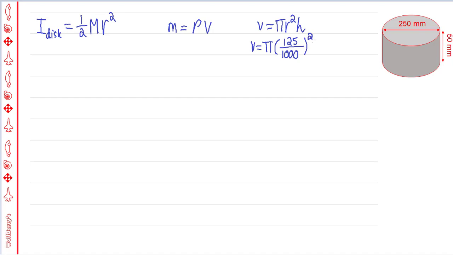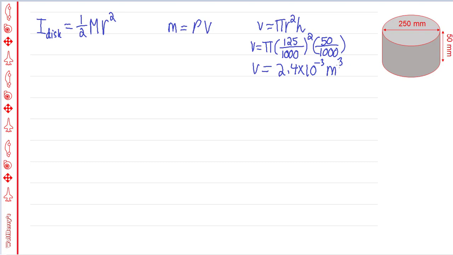Then we square the radius, multiply by the height, which is 50, again divide by 1,000 in order to transfer it into meters. So this gives us a volume of 2.45 times 10 to the minus 3 meters cubed. That's the volume of the solid disk.